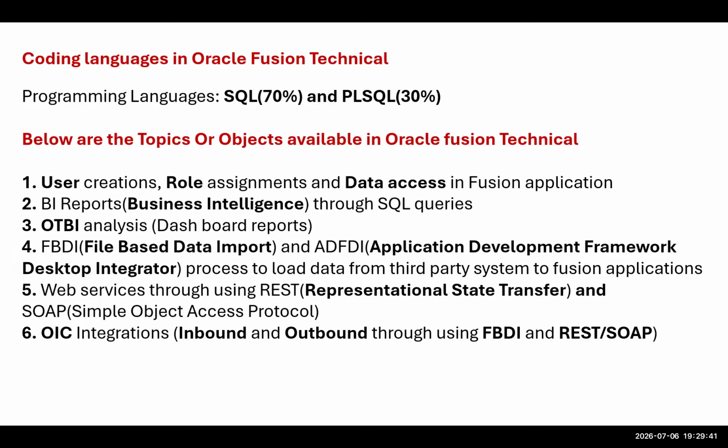For example, we implemented this Fusion application for the Hero Honda company. Hero Honda has multiple applications, so if you want to load data from those multiple applications into our Fusion, we can use FBDI and ADFDI. Okay, this part also we can discuss in detail in further classes.